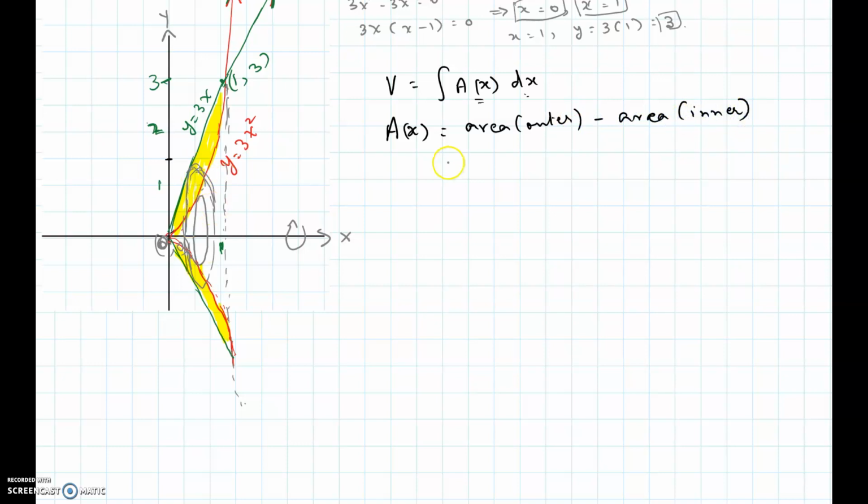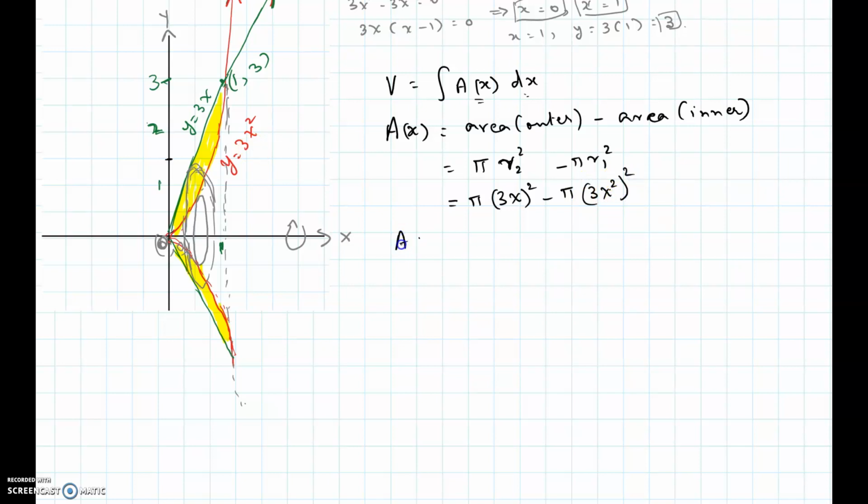In the disk, the area of the outer one is pi times its radius square, minus pi times its radius square. I'm going to call the outer radius R2 and the inner radius R1. So it is pi times the height of the top curve, that is the vertical distance, y of the top curve, which is 3x, squared, minus pi times y of the lower curve, the parabola, which is 3x square, squared.